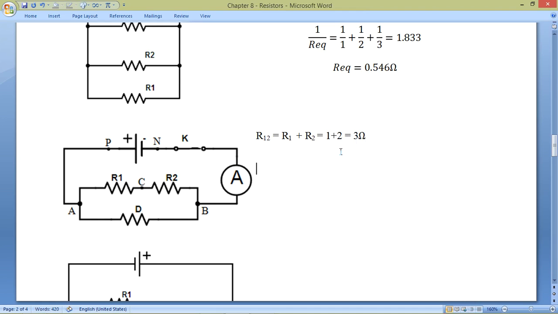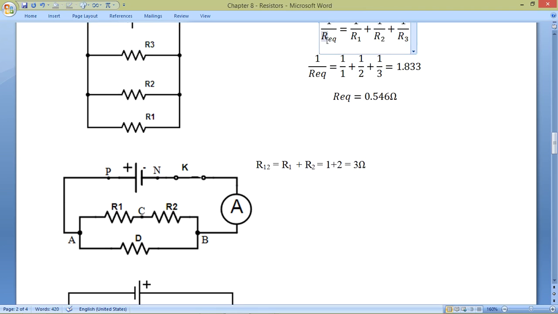So now this equivalent resistance is in parallel with the third resistor. So we say that 1 over R equivalent is equal to 1 over R12 plus 1 over R3.